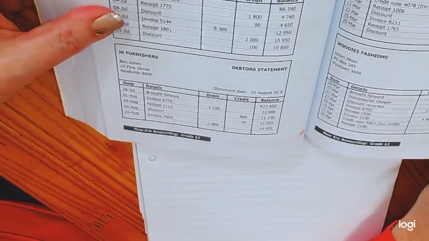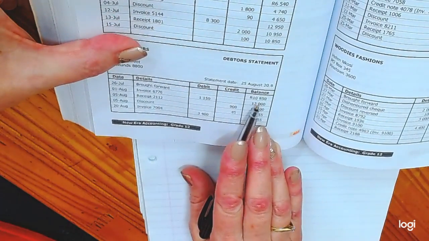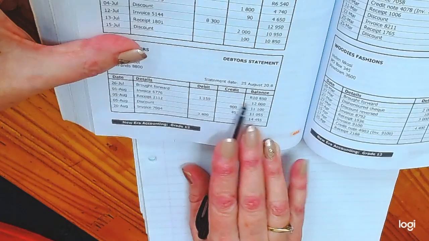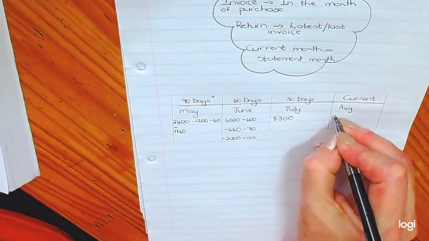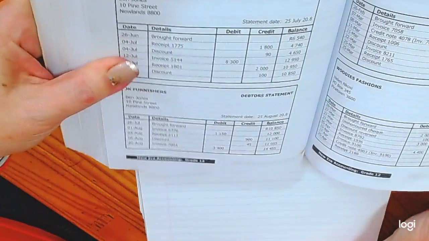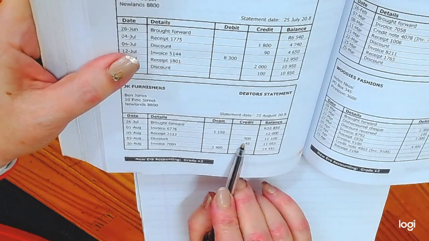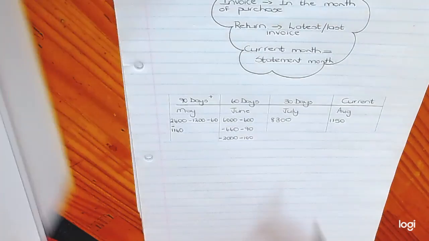Right, now we go to the next month, the last statement. Please remember that if you have your book with you, it will be more clear what I'm talking about. Invoice 1,150 on 1 August. Receipt 900 and discount 45 to the oldest outstanding amount.